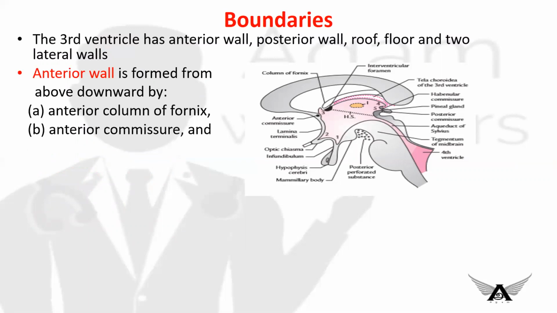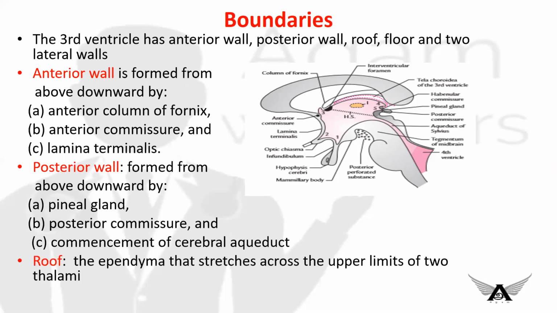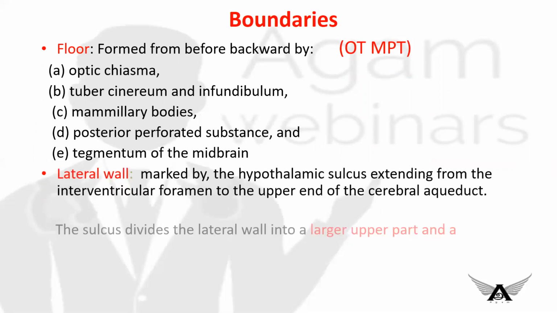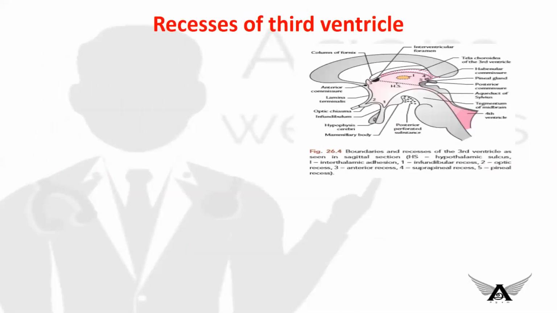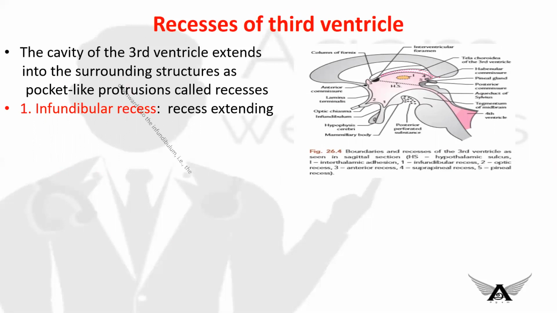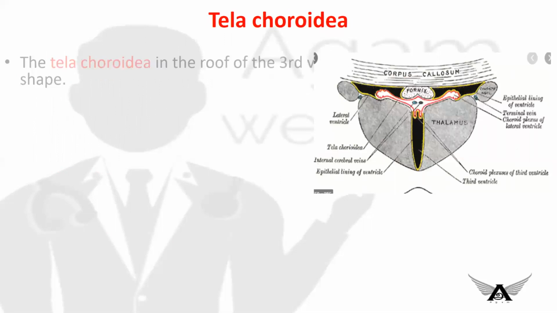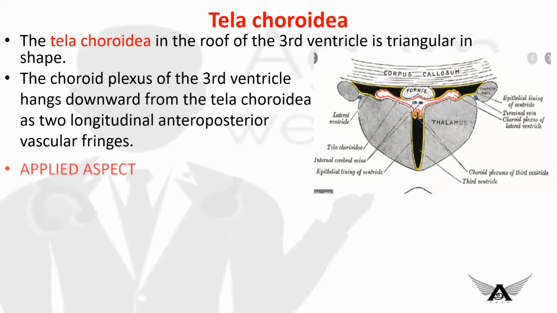You have the anterior wall, posterior wall, roof, floor, and two lateral walls. Among these, the floor is the most important. I have given the mnemonic OTMPT for that. You can study it as you want, because this is not the only mnemonic. You will find many mnemonics on YouTube or Wikipedia. Now the recesses: you have 5 recesses: the infundibular recess, optic or chiasmatic recess, anterior recess, suprapineal recess, and the pineal recess. Now the last is the Tela choroidea and the applied aspects. So here ends the third ventricle.